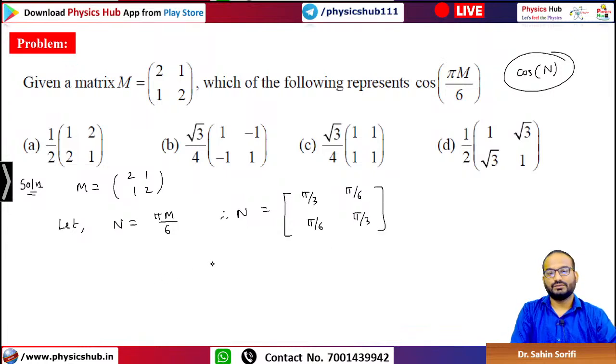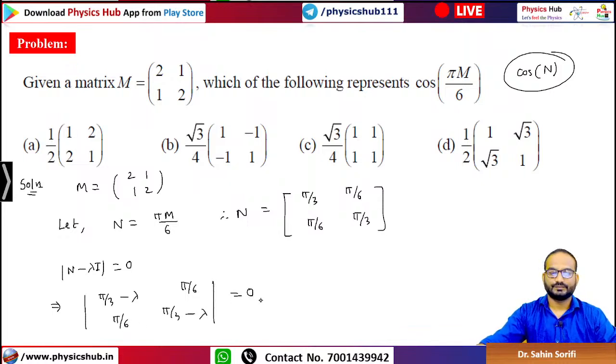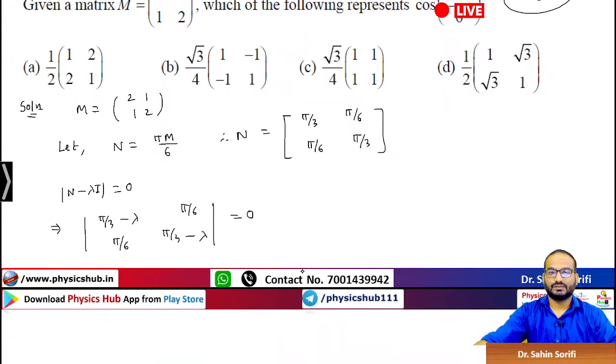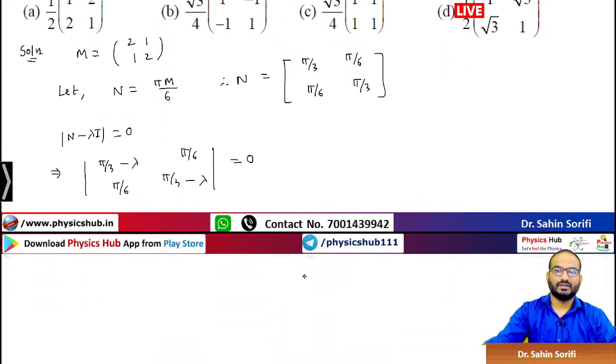Now what you have to do? You have to find the eigenvalues. So N minus lambda I equals 0, you will do that. Pi by 3 minus lambda, pi by 3 minus lambda, pi by 6, pi by 6, this equals 0, and this will give you two values of lambda.